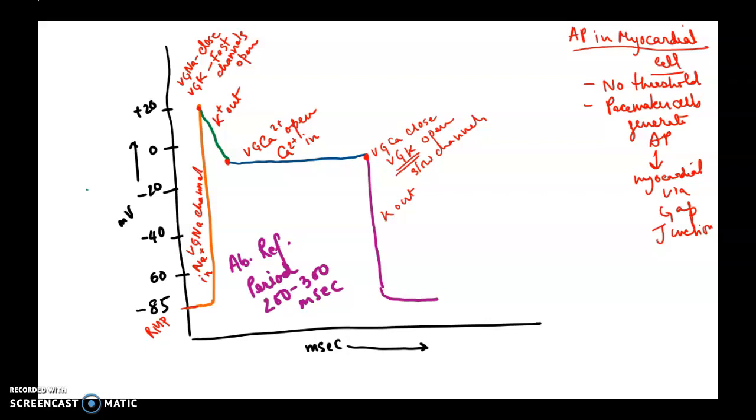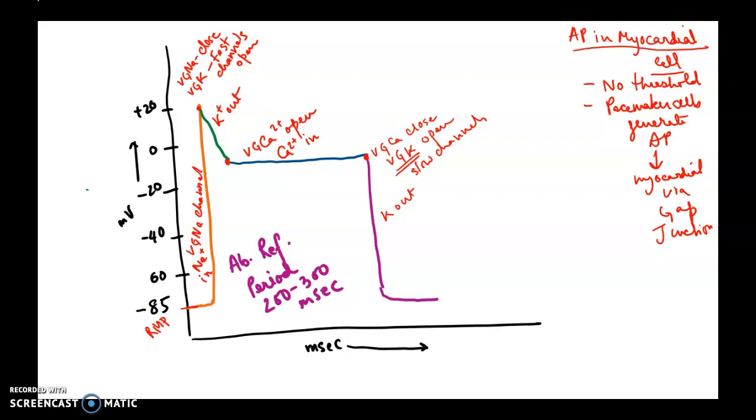So let's quickly review. Action potential in myocardial cells. Remember, these cells do not have threshold. They receive the action potential that is originally generated by the pacemaker cells. And as soon as the action potential reaches these myocardial cells, they maintain a resting membrane potential at about negative 85 millivolts.